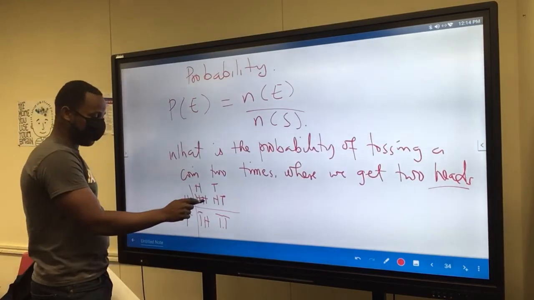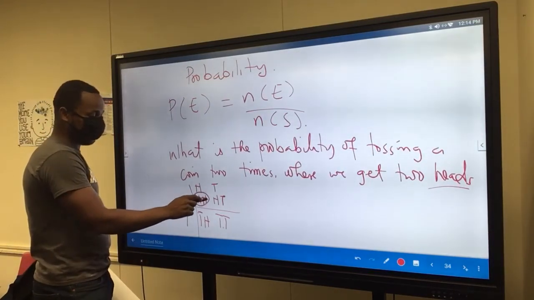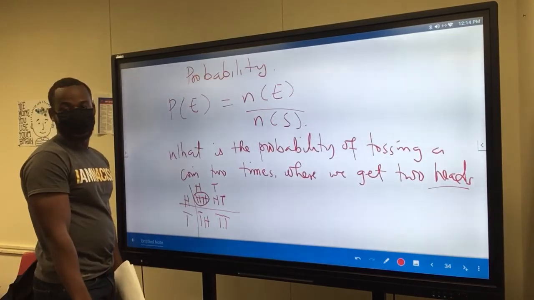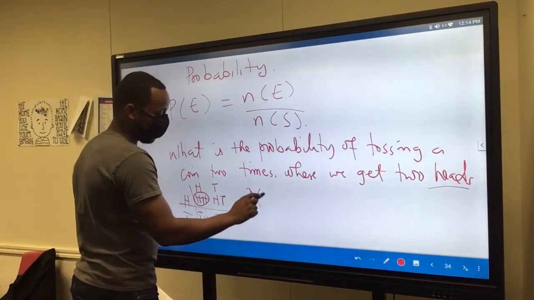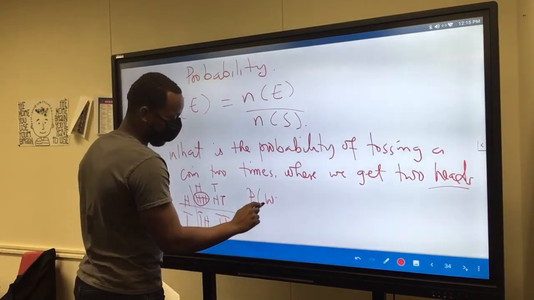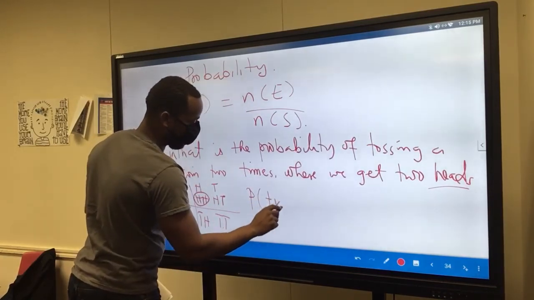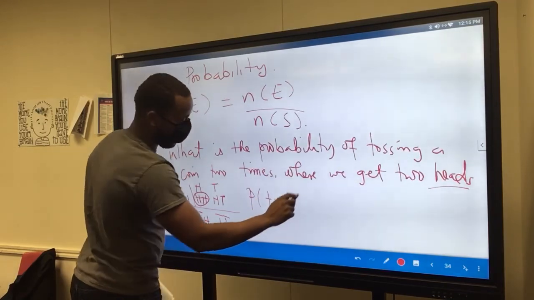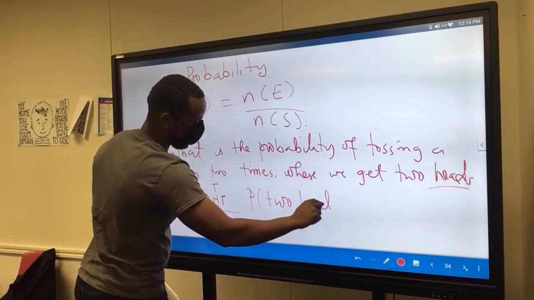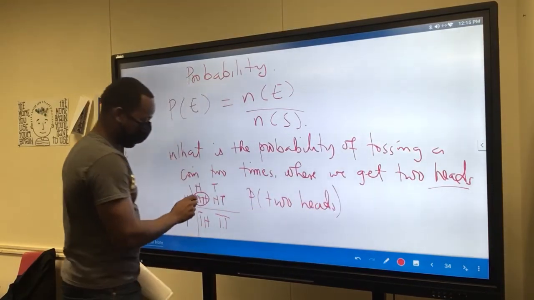So there are 4 possibilities in the sample space, right? But for the event, we want 2 heads. So the probability of getting 2 heads, how many times does that occur?